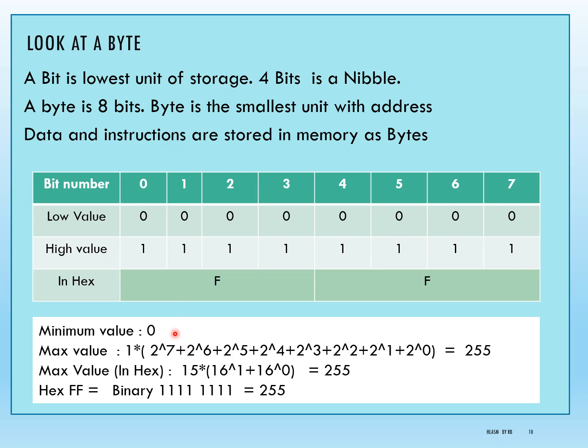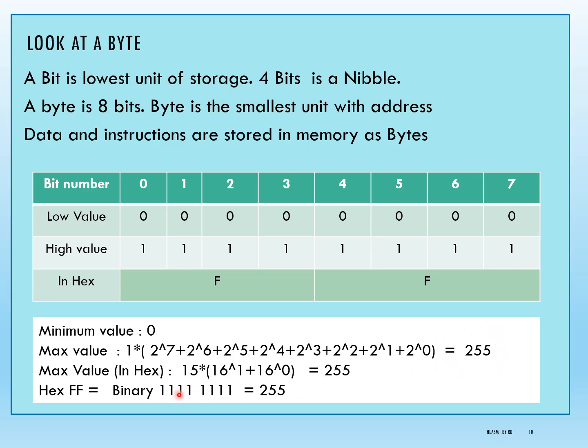What is the minimum value? The minimum value in a byte is 0, and the maximum value is 1 times 2 to the power of 7 plus 2 to the power of 6, all the way to 2 to the power of 0, and the maximum value that can be stored in a byte is 255.